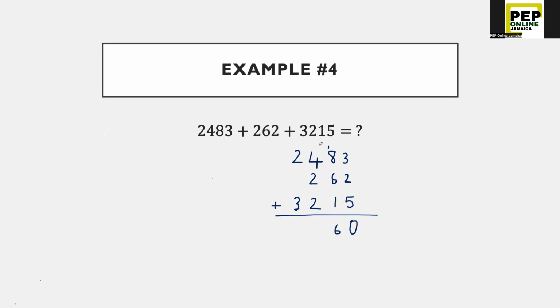Bring the 6 here, carry 1 here. 2 plus 2 is 4. 4 plus 4 is 8, and the 1 will make 9. Everybody is aligned accordingly. And 3 plus 2 will give us 5. So now we end up with 5,960. All right, we lined the numbers up correctly so it makes the addition easier. Doesn't matter how big the number may be.